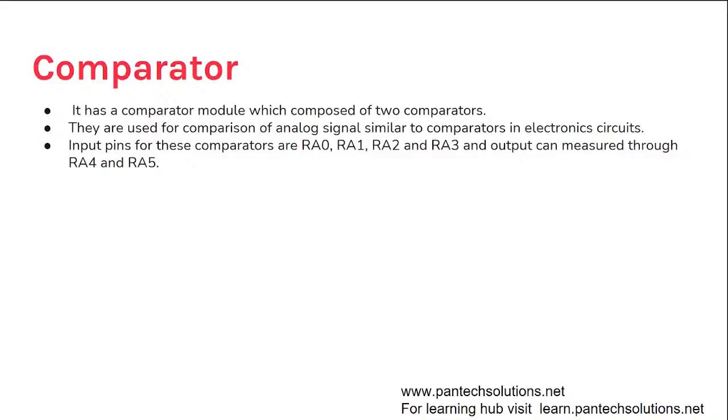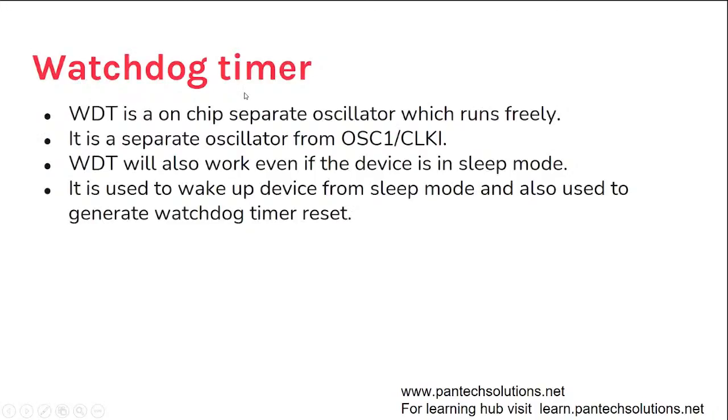Like this comparator, it is not there in 8051. You could compare the analog signal similar to the comparator in electronic circuits. These are the analog input pins, which could accept analog input signals. So that's one advantage of PIC.